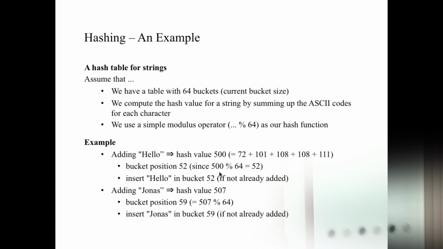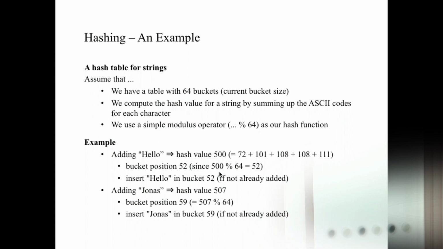You can come up with your own algorithms. But one common thing is that every character in a string has some ASCII code. So we can compute the sum of the ASCII codes, or some other operation, that you can map to your index position in your hash table.